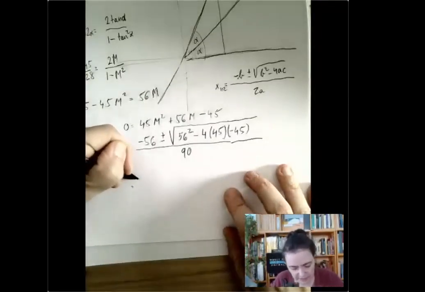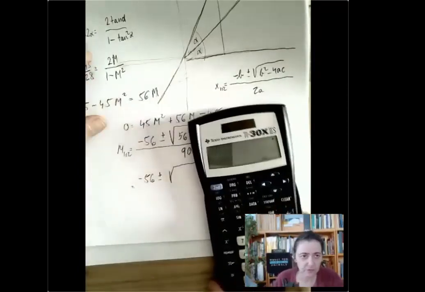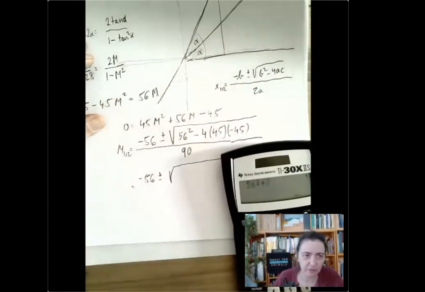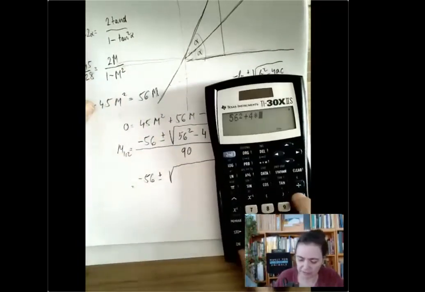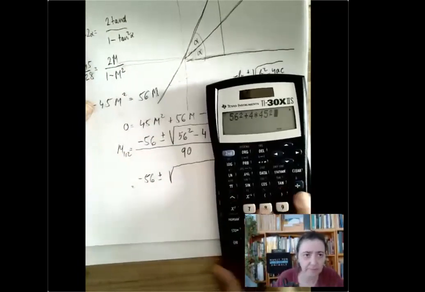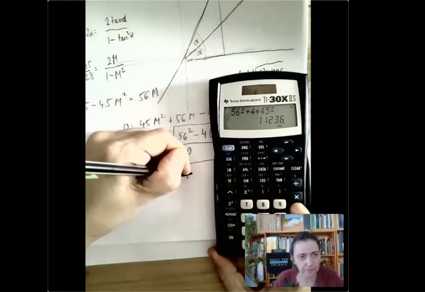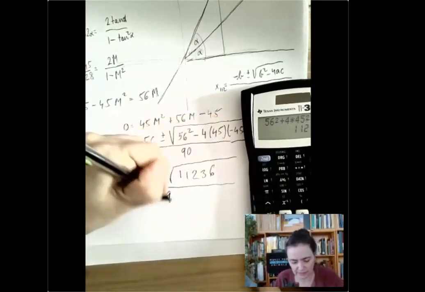What we have is negative 56 plus minus the square root of 56 squared plus 4 times 45 squared. You see the minus times minus. 4 times 45 squared, which should be 90 squared. So it's 8100. Divided by 90.